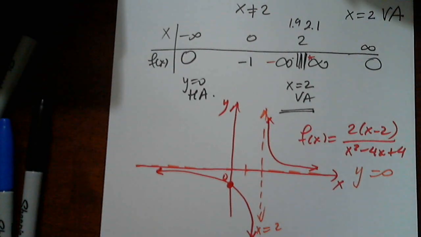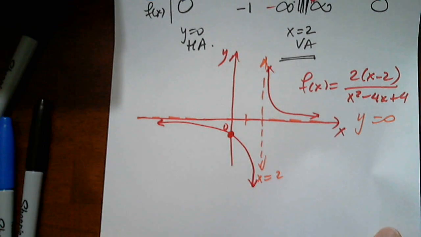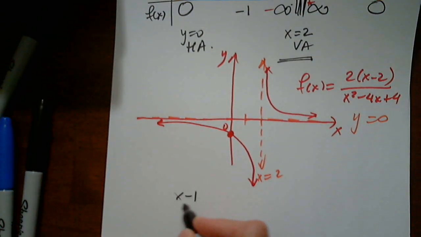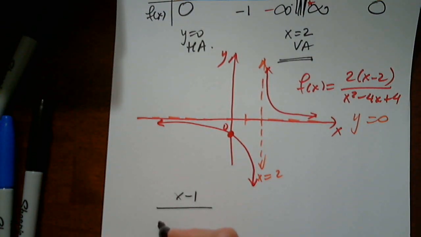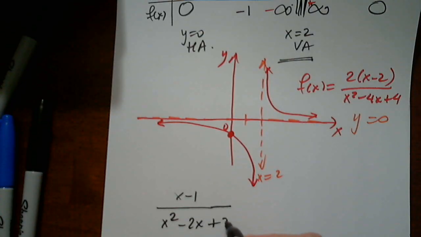Now, what happens if I have a situation in which I have x minus 1, let's say, and then I have x squared minus 2x minus 3.